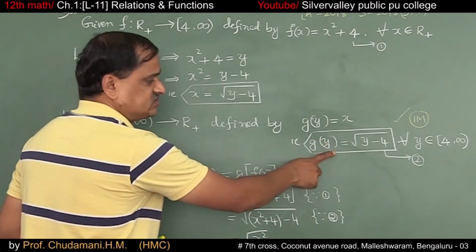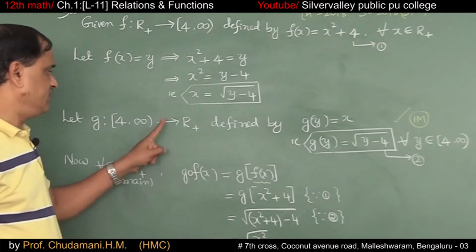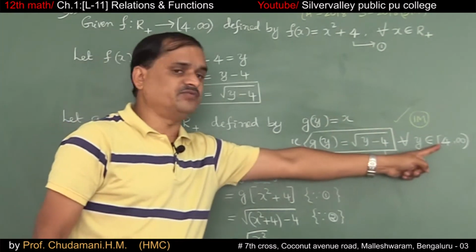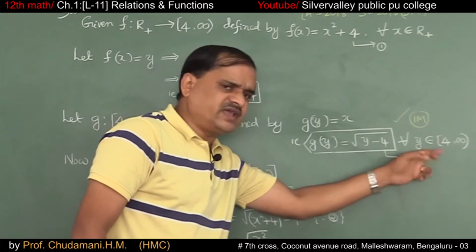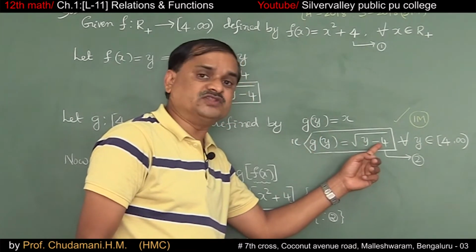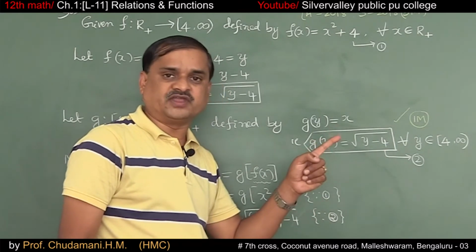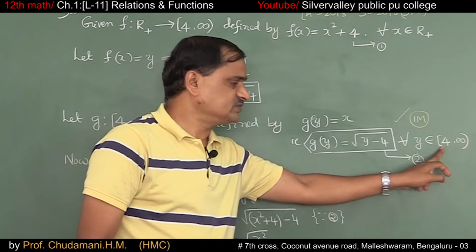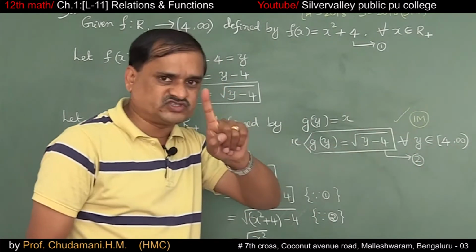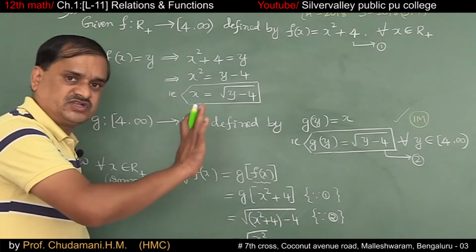Root of y minus 4. So this holds for all y belonging to the codomain of the function f, that is 4 comma infinity. Why? Because if you take a value less than 4, say 3, 3 minus 4 means minus 1, so it is not a real number, it becomes a complex number. Root of a negative number is a complex number, you know. That's why 4 to infinity. If you obtain this, you will get the first mark. The distribution is like this only.